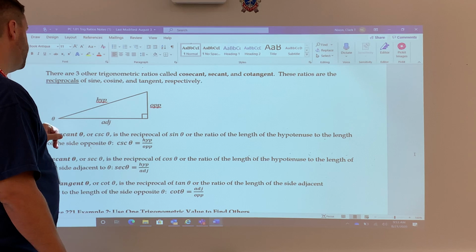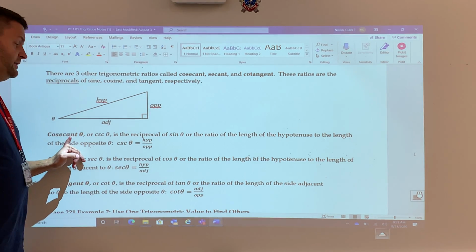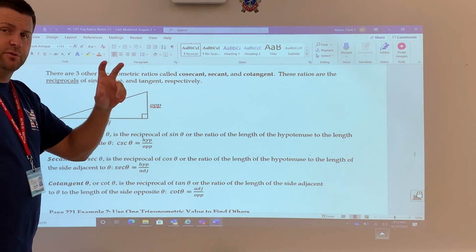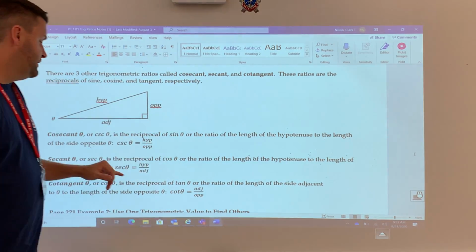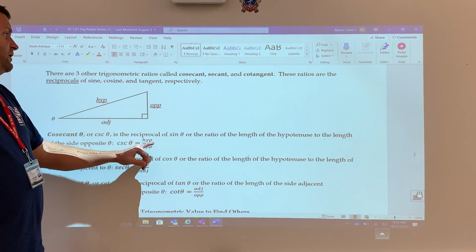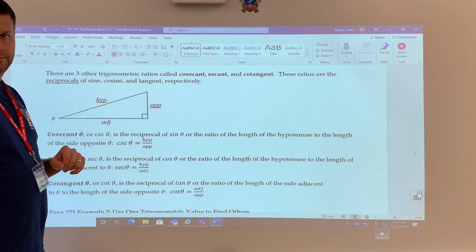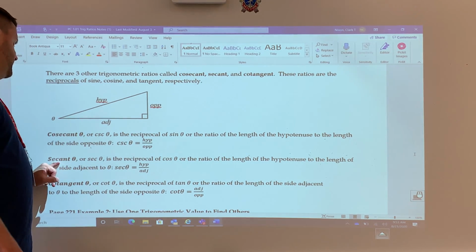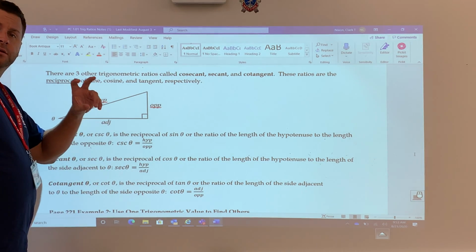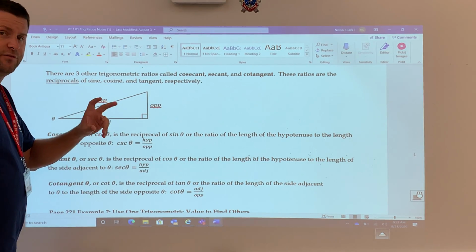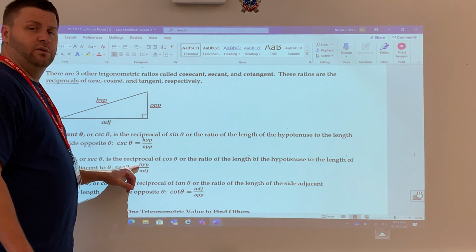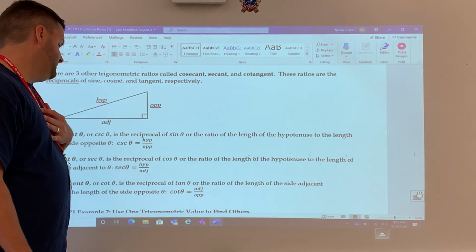So the reciprocal for sine is cosecant. All you do with reciprocals is flip. So the ratio for cosecant is hypotenuse over opposite. The reciprocal for cosine is secant. To get that, we just flip cosine, so secant is equal to hypotenuse over adjacent.